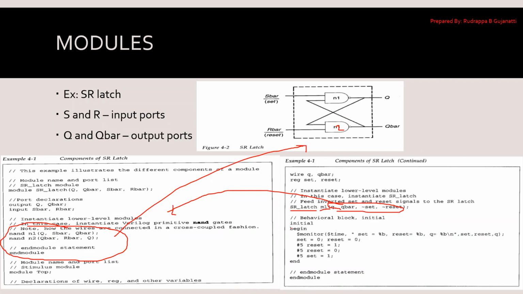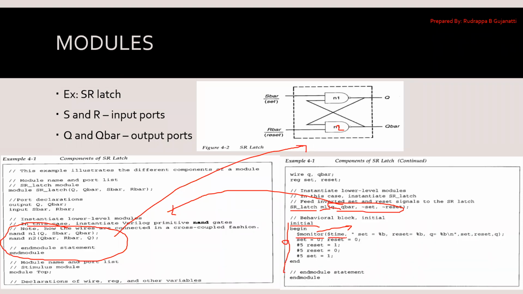Once we have that, we can see that we have used initial and always. Here we are making use of initial. Again, this is a system task. What it does is monitor the variables, and if any changes happen, it displays them.